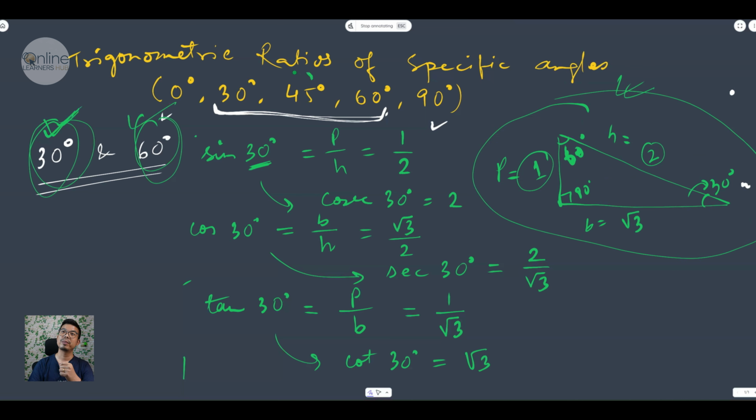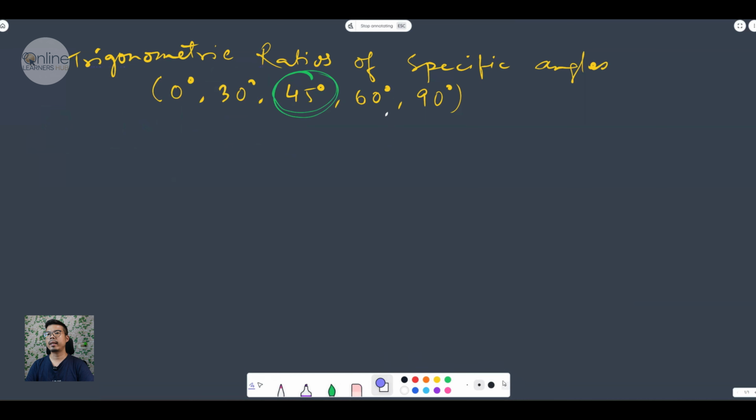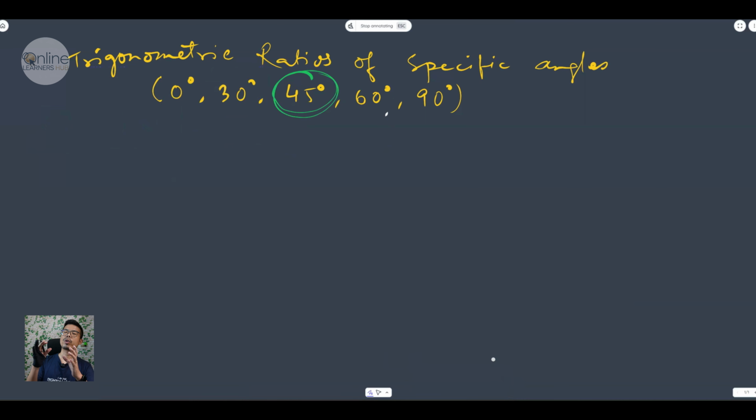Now let's look at 45 degree. It's time for 45 degree. Okay, 45 degree is very easy. Let me clear this first. Now think about it. When one angle of a right angle triangle is 45 degree, what will be the measure of the third angle?